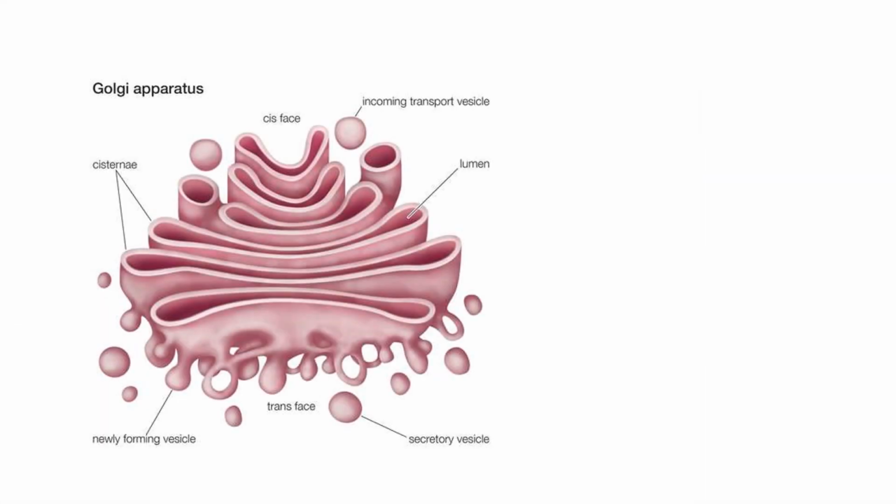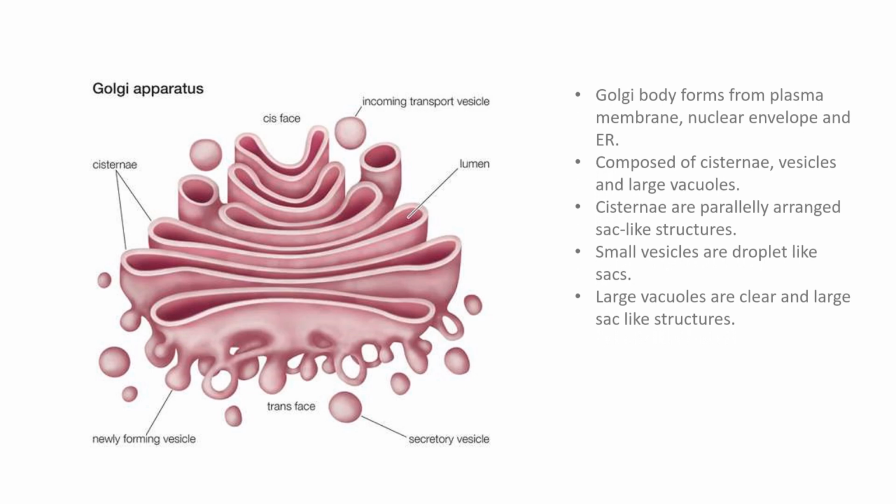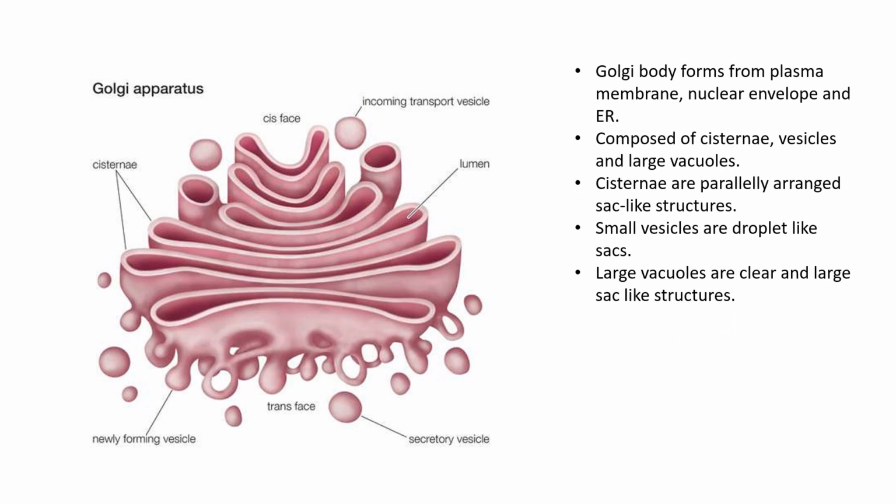Now the next organelle that we are going to study is the Golgi apparatus. The Golgi apparatus or Golgi body, as you can see here, forms from the plasma membrane, nuclear envelope and endoplasmic reticulum.